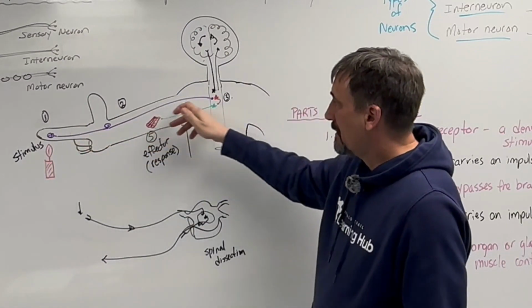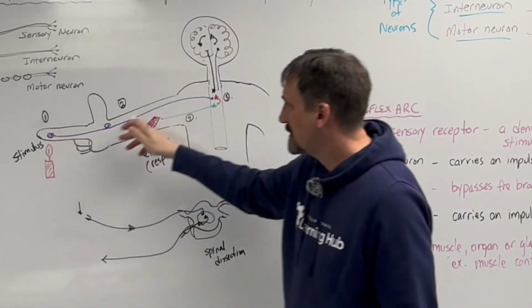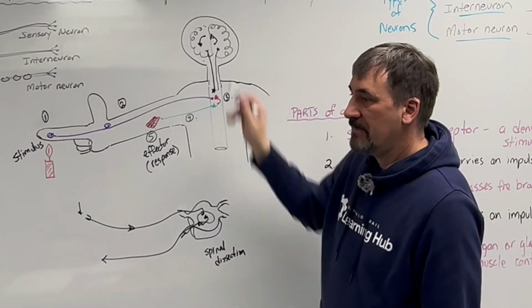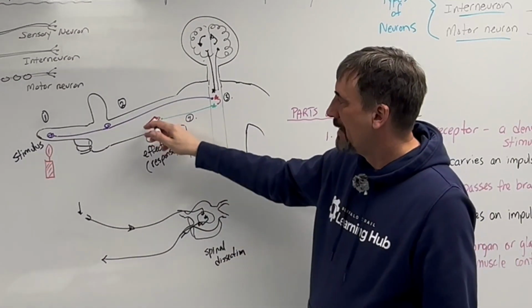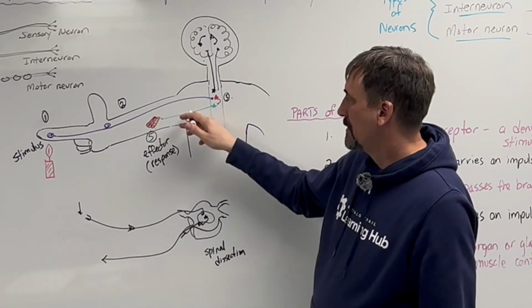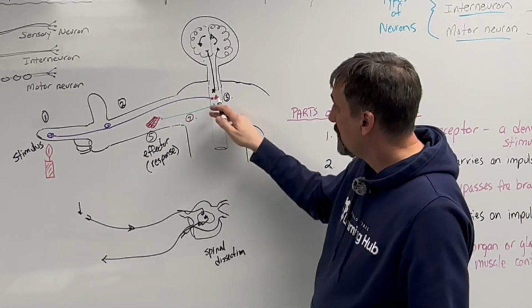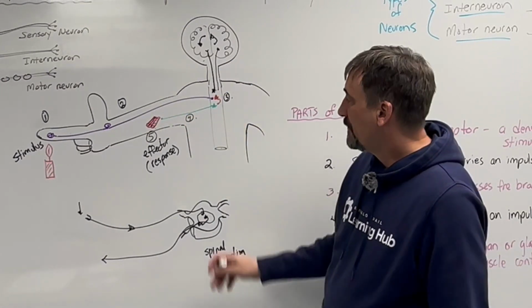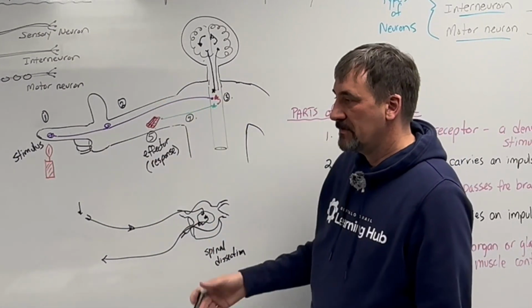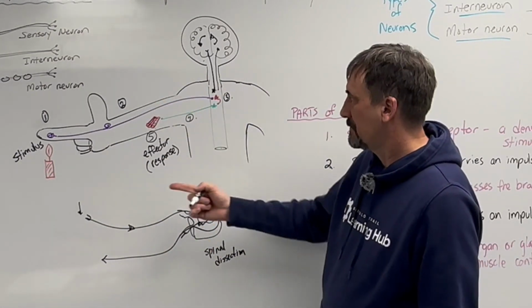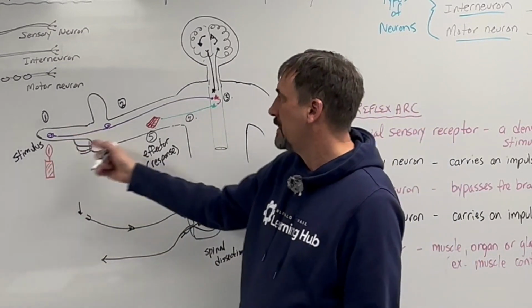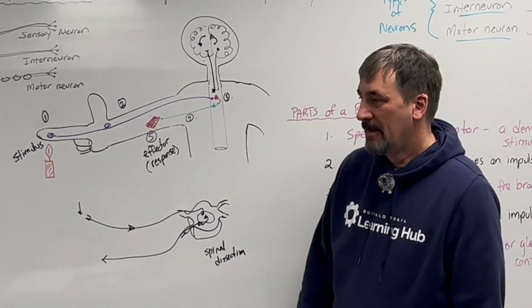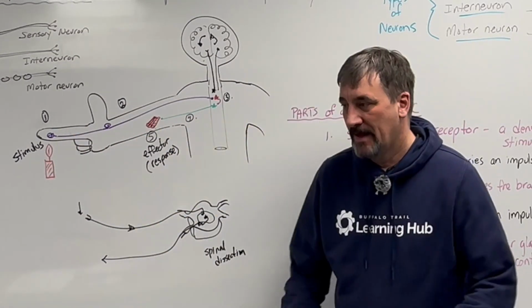The fact that I can still feel it means the sensory side is intact. The fact that nothing happens could be damage to the muscle, to the motor neuron, or even to the interneuron that's making the arc. If they label those with numbers, you would just pick the numbers that could be damaged. You wouldn't pick 1, you wouldn't pick 2. You could pick 3, 4, or 5 in that case.